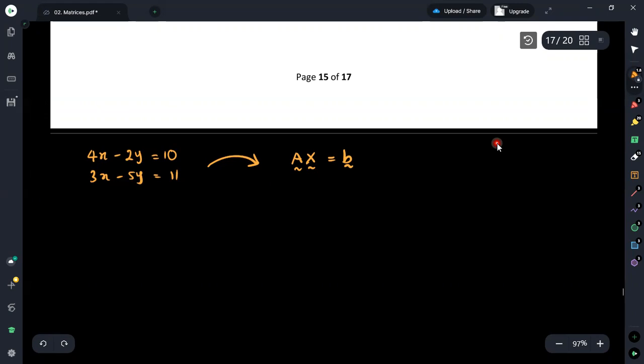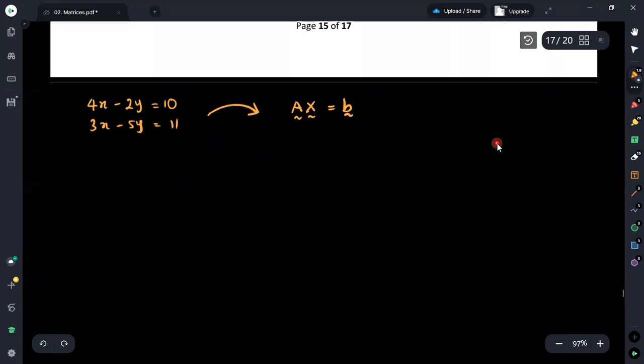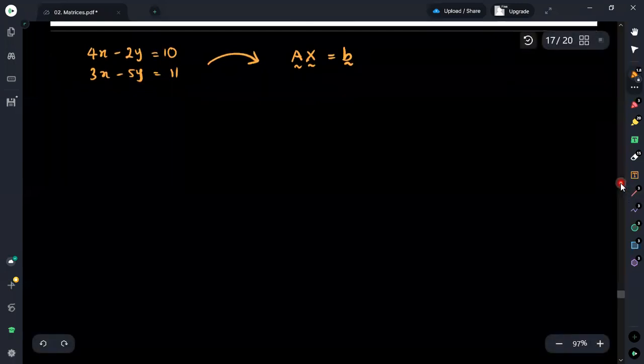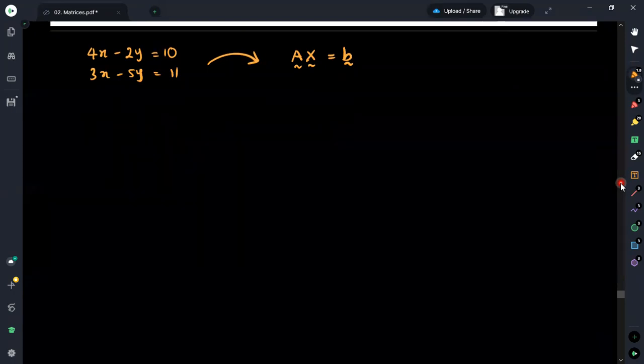First, we'll see how we can convert our system of linear equations into matrix format. We need to align the similar variables in one column. We have considered our first variable as x and second variable as y.